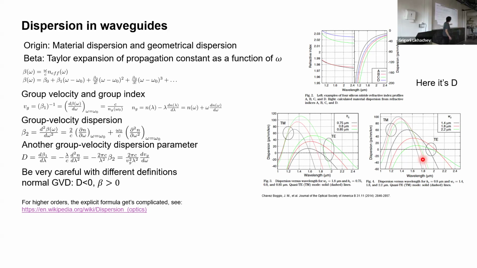So if you want a stronger normal GVD, you will design a waveguide that is a bit, I mean it's nano, but a bit thick.